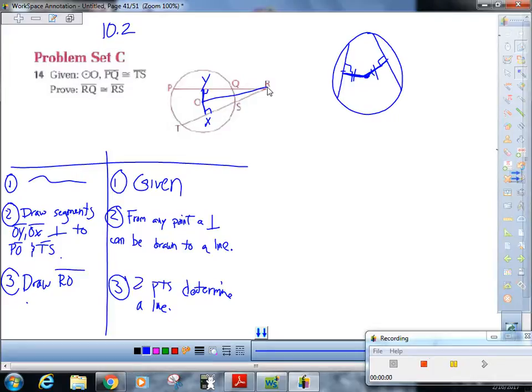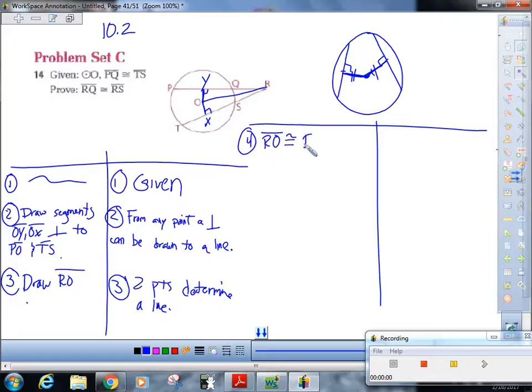Okay. I think we got enough room to just put it right here. Step 4. RO is congruent to RO by reflexive. Okay.